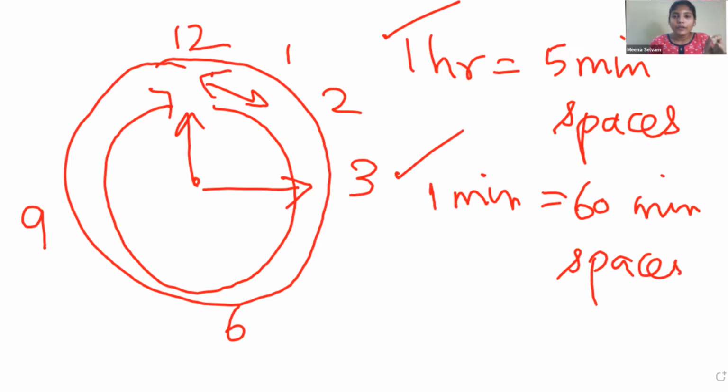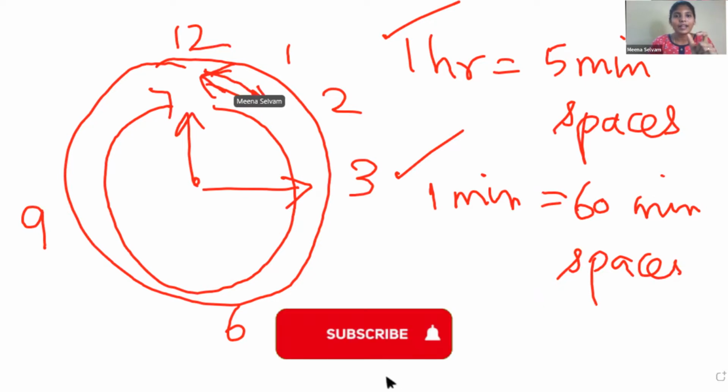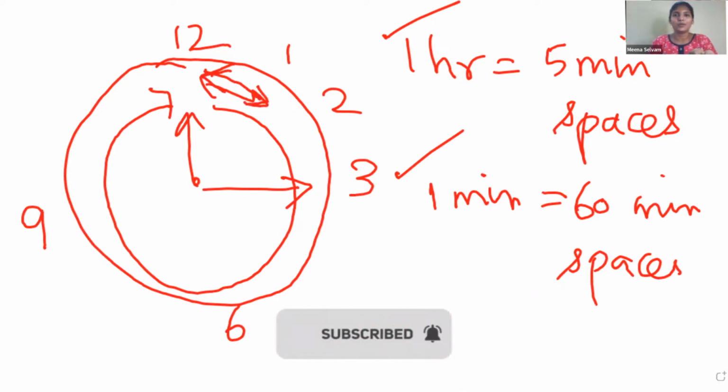Now my question is, for that 1 hour, in these 5 divisions, for every minute, how much does the hour hand move? Imagine for the entire 60 minutes, the hour hand has to go very slowly between those 5 divisions, 12 to 1.